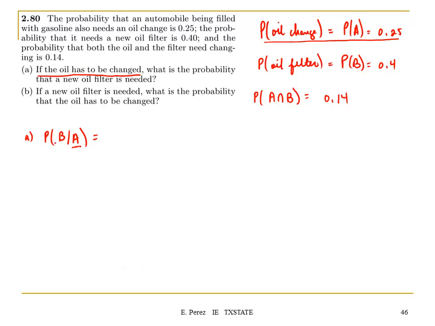We need to find what is the probability of this. So this is equal to P of A intersection B over the probability of A, and that is 0.14 divided by 0.25, 0.56.